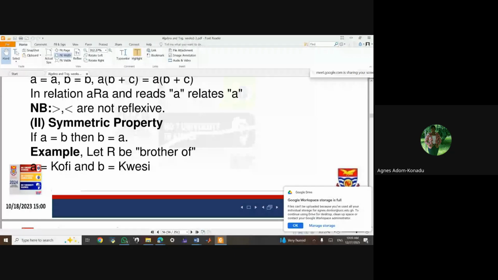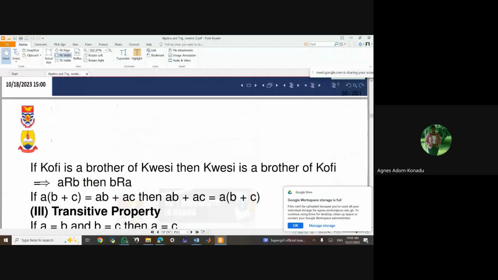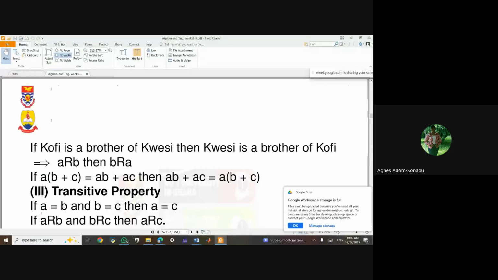Then I can say that Kofi is a brother of Kwesi, and it should mean that Kwesi is also a brother of Kofi. So that is the symmetric property. If Kofi is a brother of Kwesi, then Kwesi is a brother of Kofi.